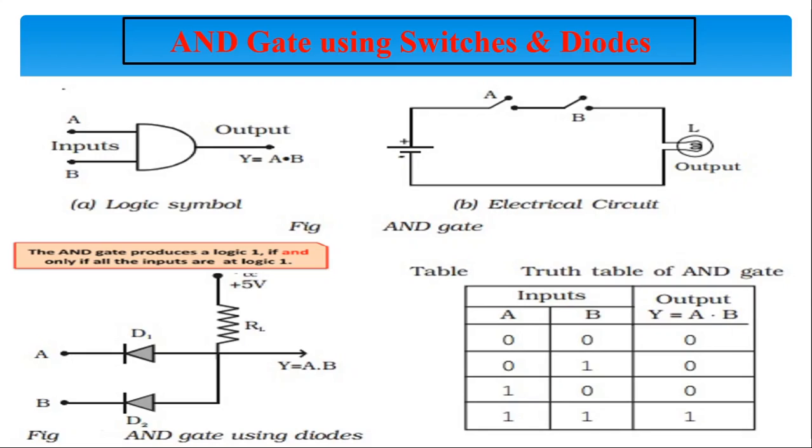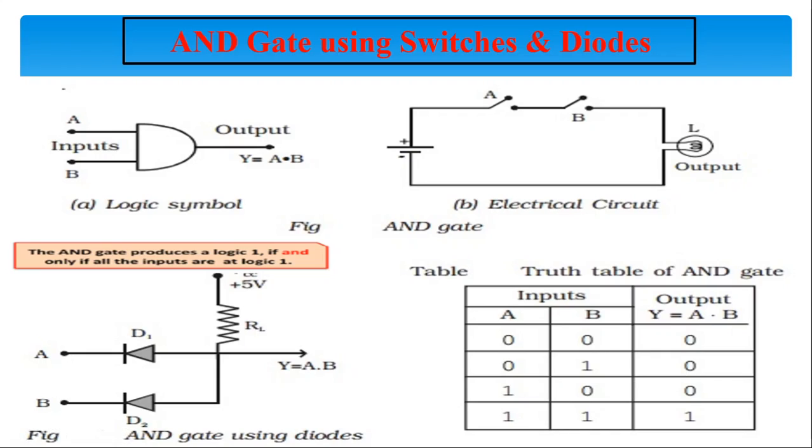At the same time, diode D2 is in reverse bias condition. That means diode D2 will go into non-conducting state and acts as an open switch. Therefore, output Y is equal to 0. In terms of binary, when A is equal to 0 and B is equal to 1, then output Y is equal to 0. That is shown in the truth table.